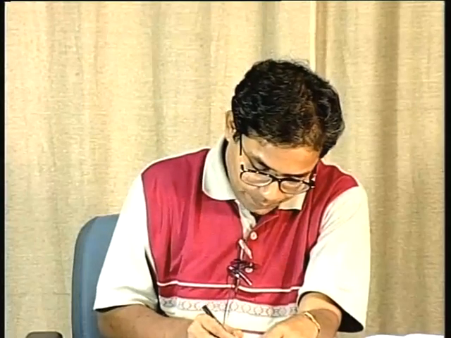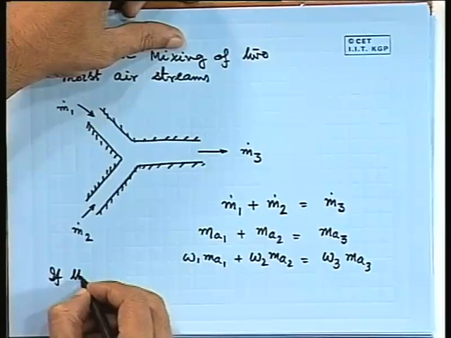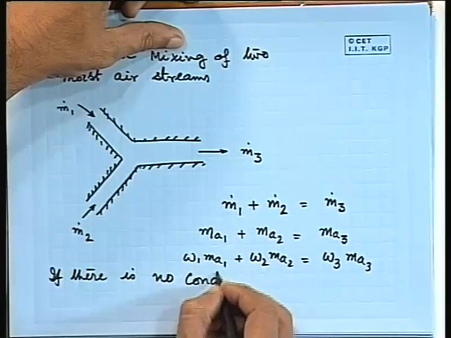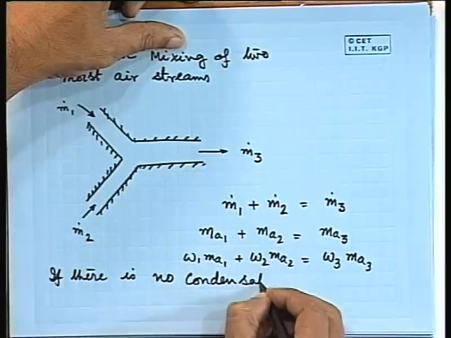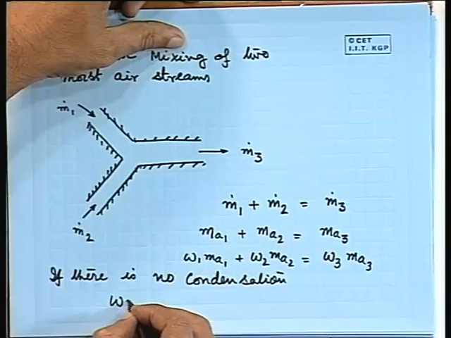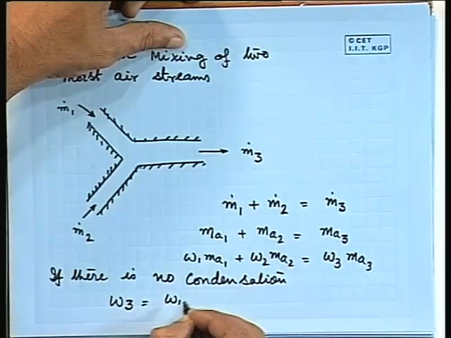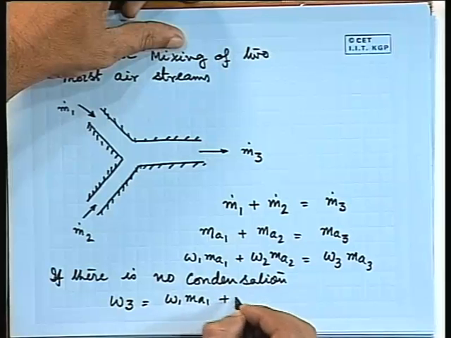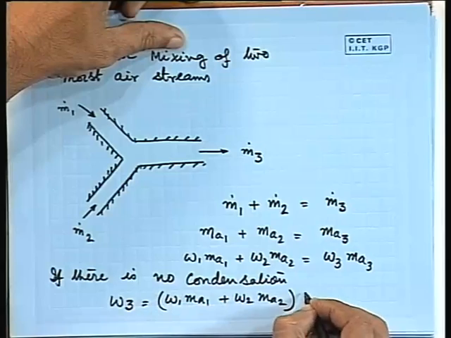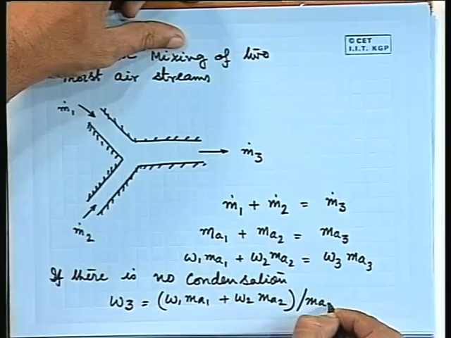So, if there is no condensation, then W3 is equal to (W1 mA1 plus W2 mA2) divided by mA3.